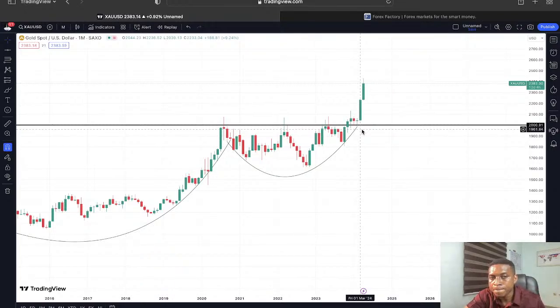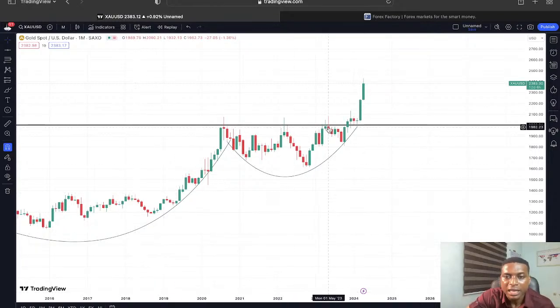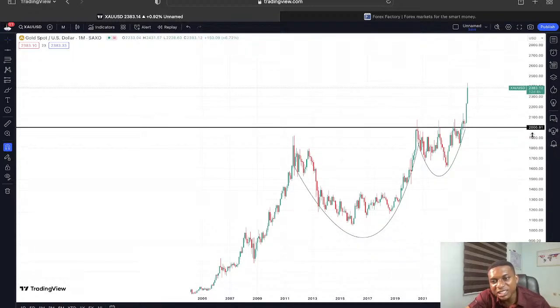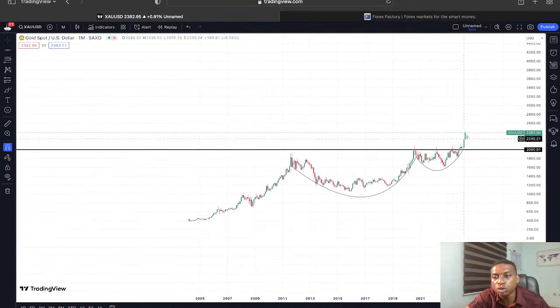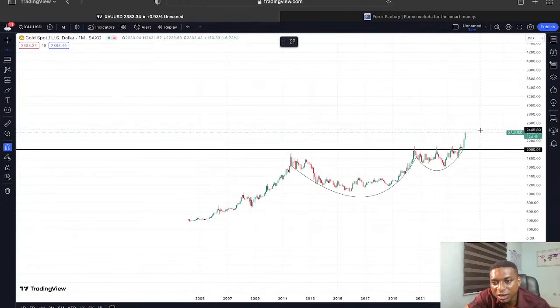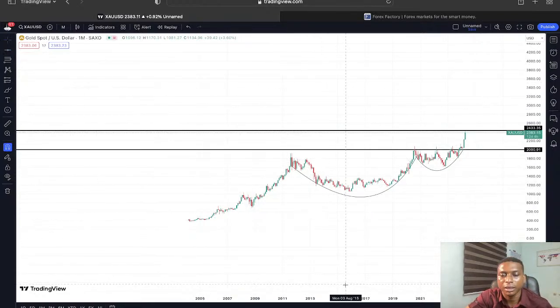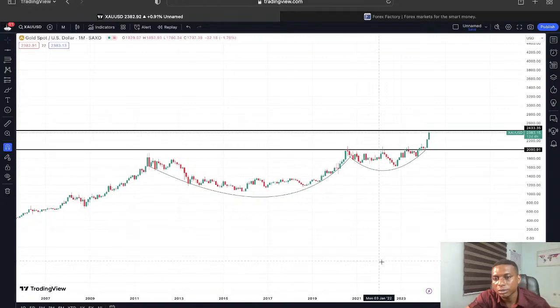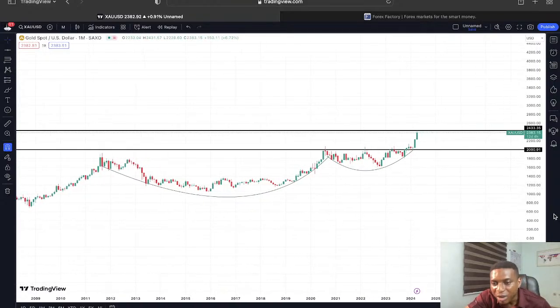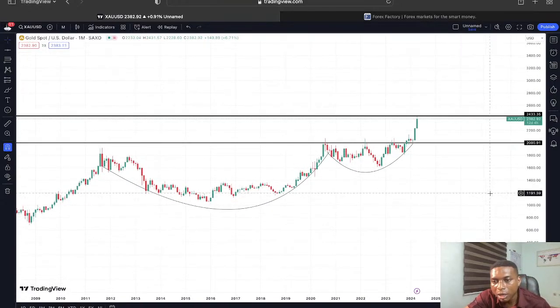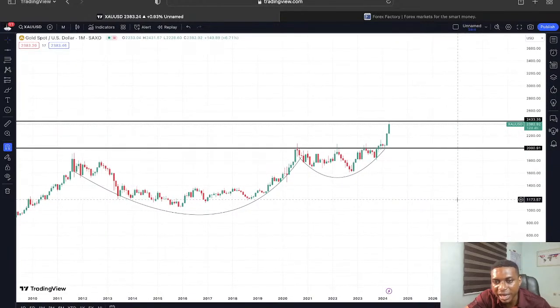Now that we have this breakout, let's go back in time to see if price has ever gotten to where gold is currently. Obviously, where gold currently is, price had never gotten there before.